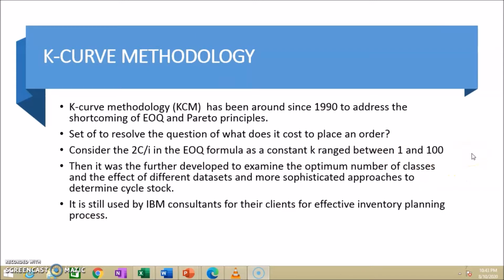Then it was further developed to examine the optimum number of classes, the effect of different data sets, and also more sophisticated approaches to determine the cycle stock. It is still used by IBM consultants for their clients today for an effective inventory planning process.